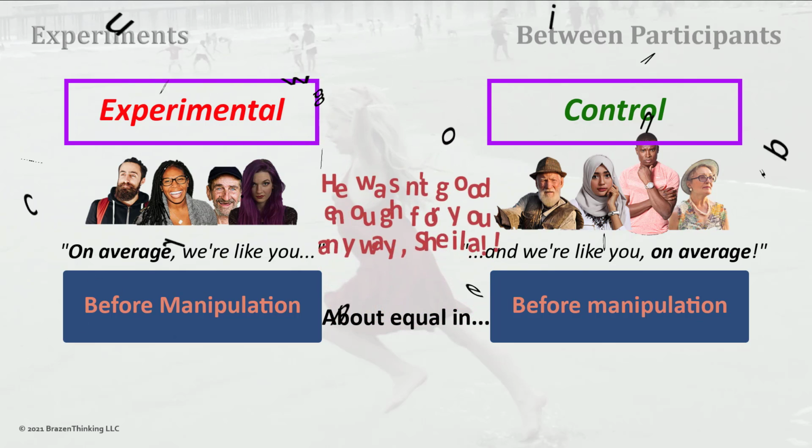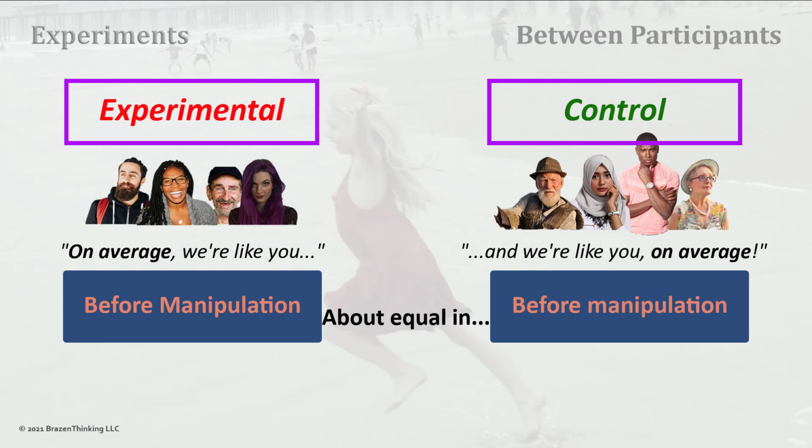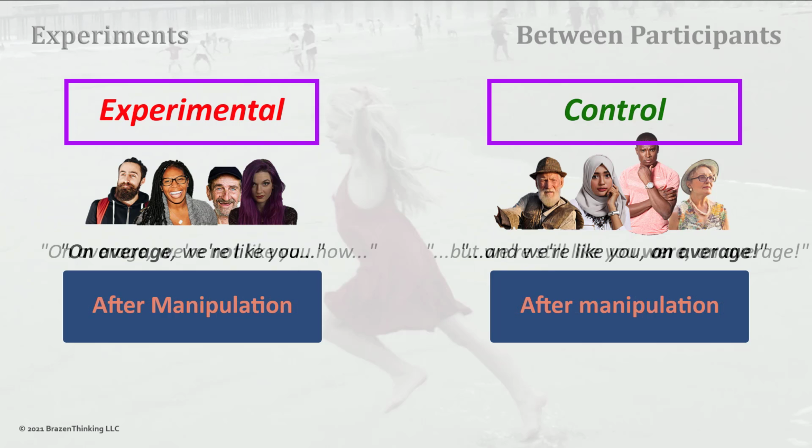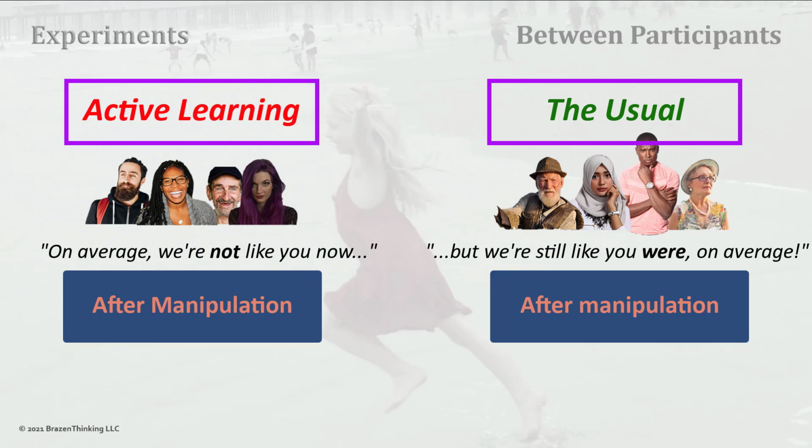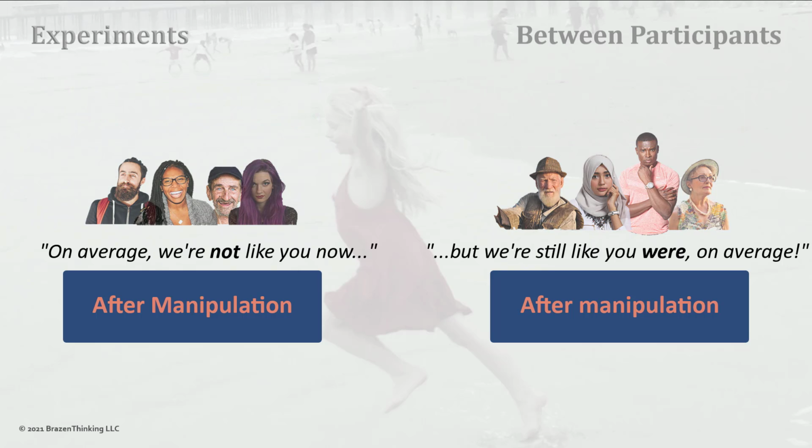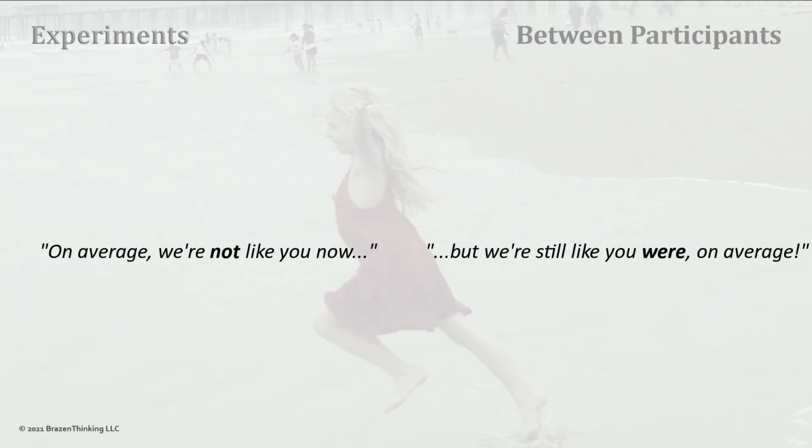And if you take advantage of it, then you can be pretty confident that a difference in how these two groups behave after you treat them differently is due to whatever you did to treat them differently. And what is this miracle of science that allows you to be so confident that you're starting your experiment with two groups who are roughly equivalent in any characteristic that might influence people's scores on your dependent variable? It's random assignment.